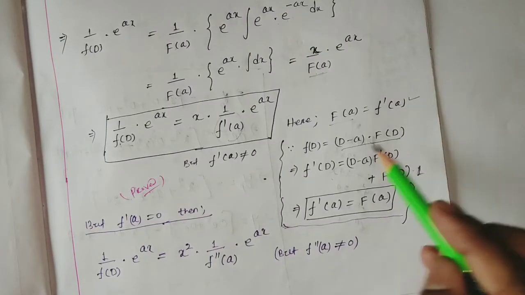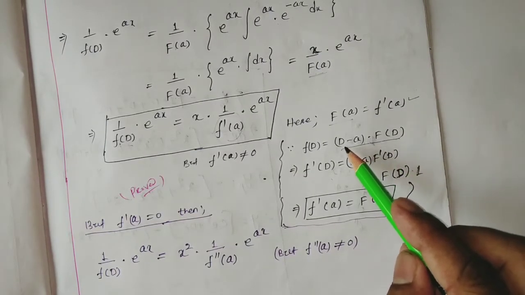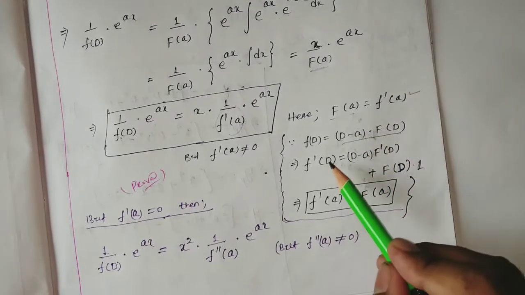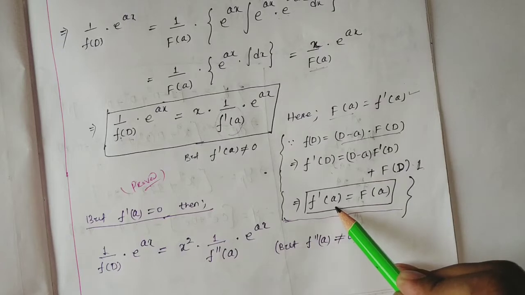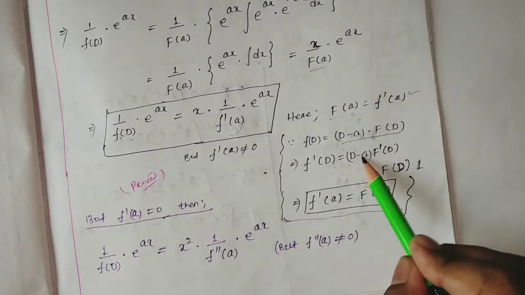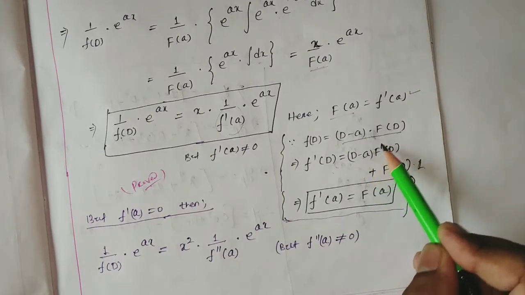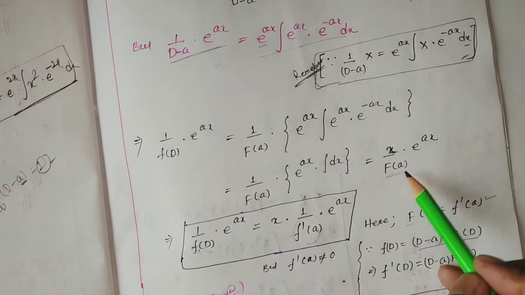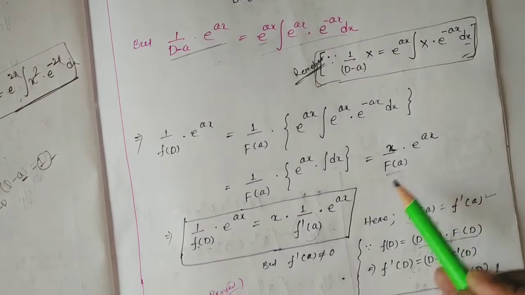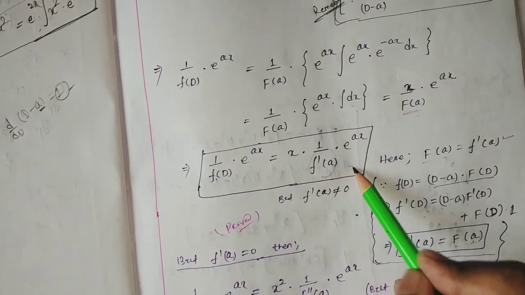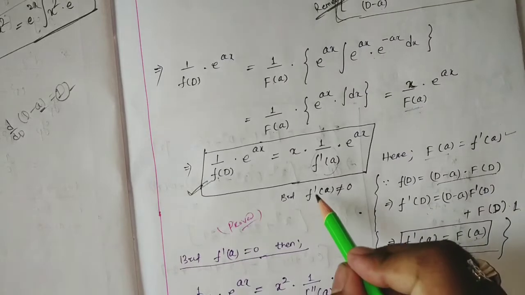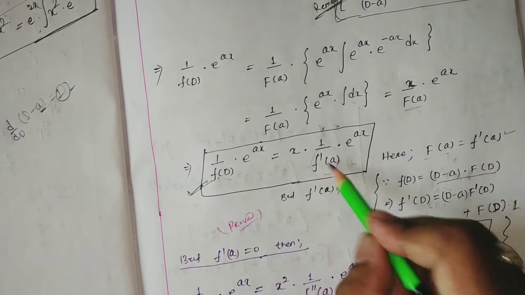So d by dD of (D minus a) is 1. Now we put D equal to a. Here a minus a will be 0, so this term is cancelled. So f dash a equals capital F of a. Only for that reason, instead of F of a, I substituted f dash a. But here we have to remember this will be valid only when f dash a, the denominator, is not 0.